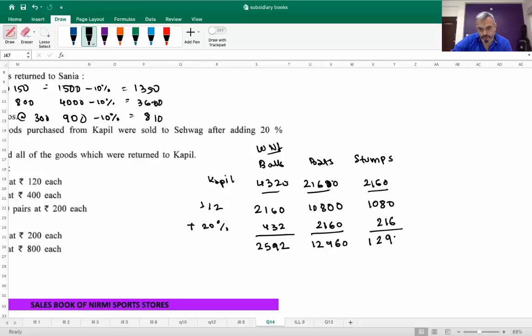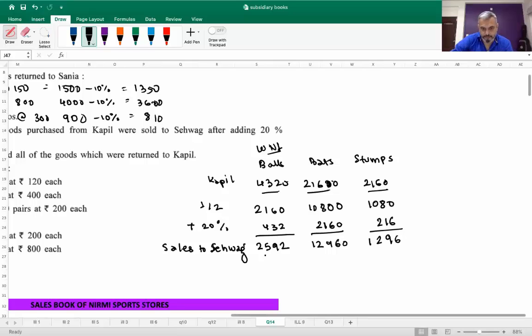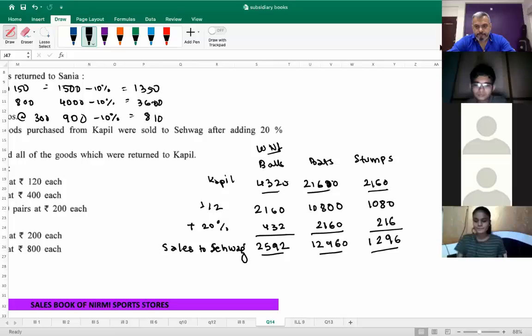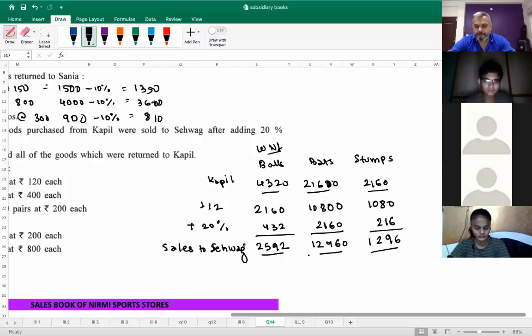So 1296. This is the sales to Sehwag. Sales to Sehwag. Please do the working. Working कर दिया सबने?